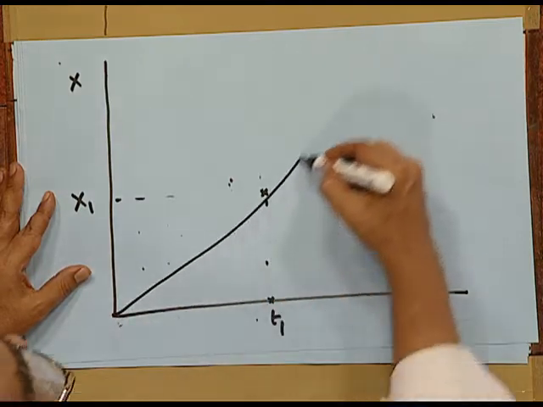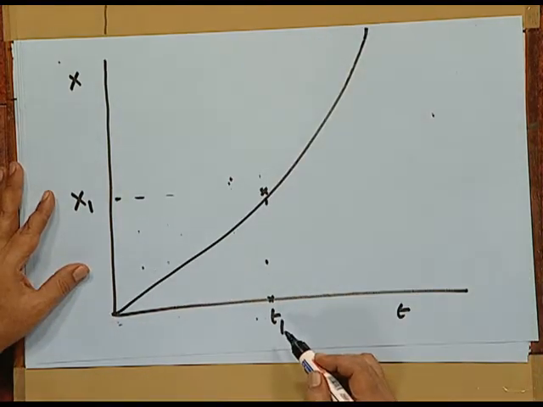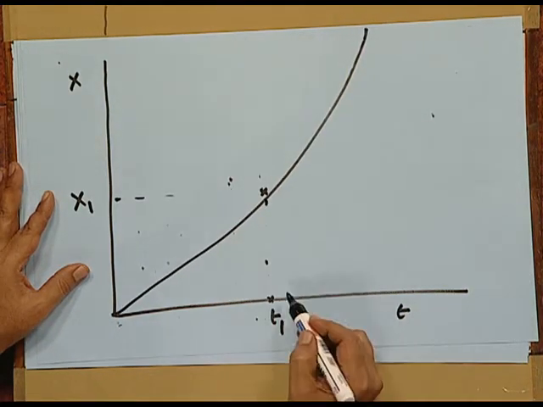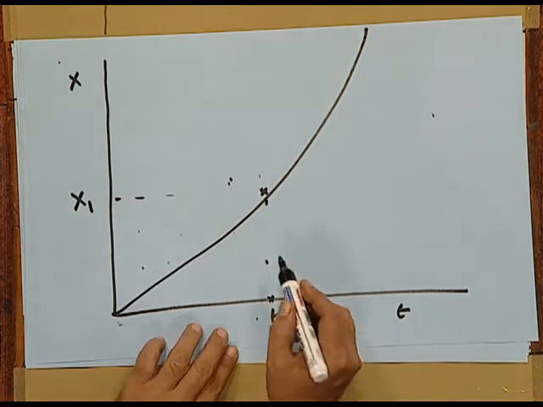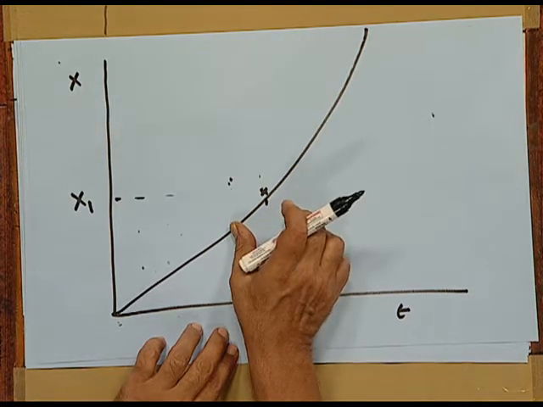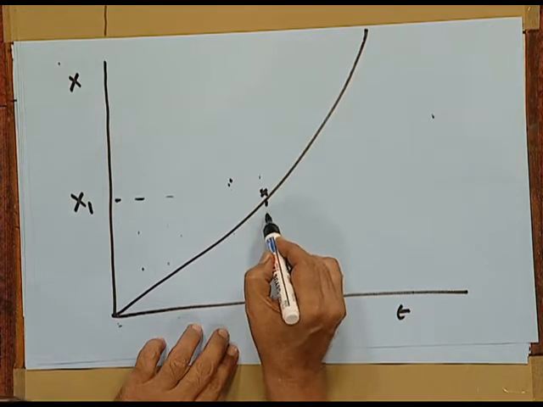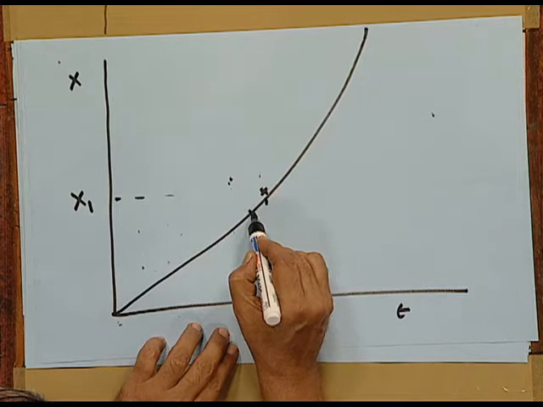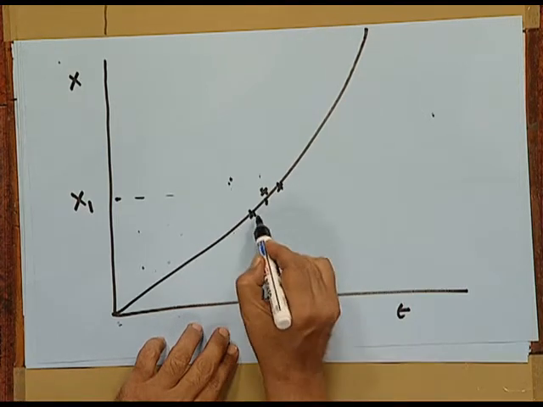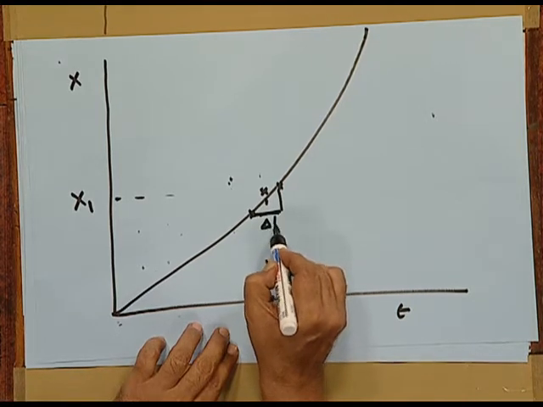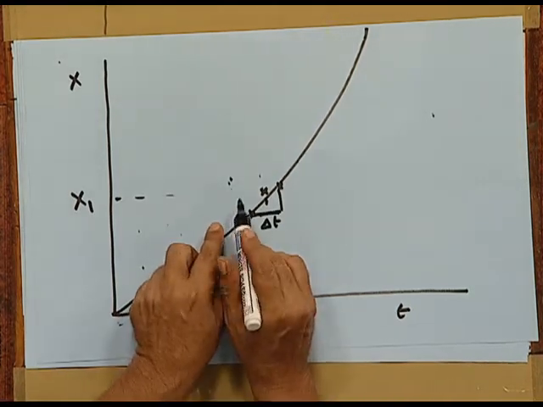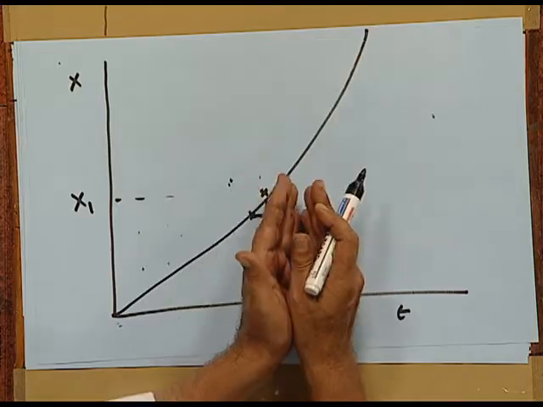Let us look at the variation of the position coordinate of this object, which has been given like this. Let us try to find the average velocity. How do you find it? Let us take a certain interval of time, a little before and a little after, t1 minus a certain amount of time and t1 plus a certain amount of time.